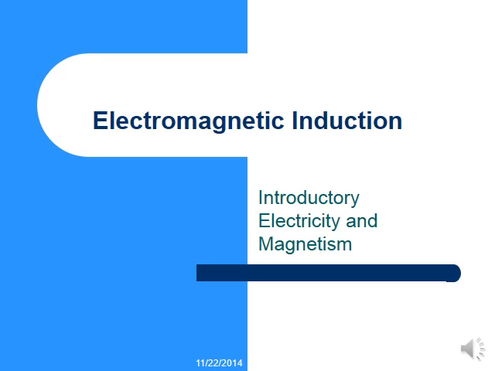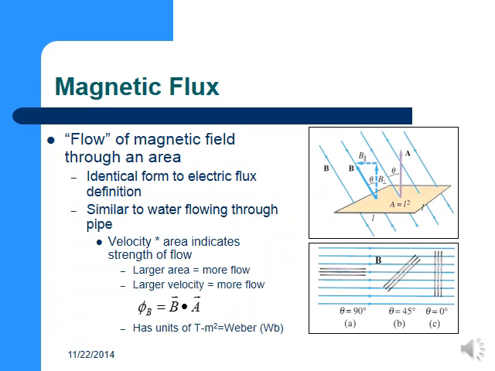This leads us to chapter 29, electromagnetic induction. So we've seen this already in Professor Tronin's class. Magnetic flux, which we can think of as a flow of magnetic field through an area. The idea is similar to electric flux, similar to water flowing through a pipe.